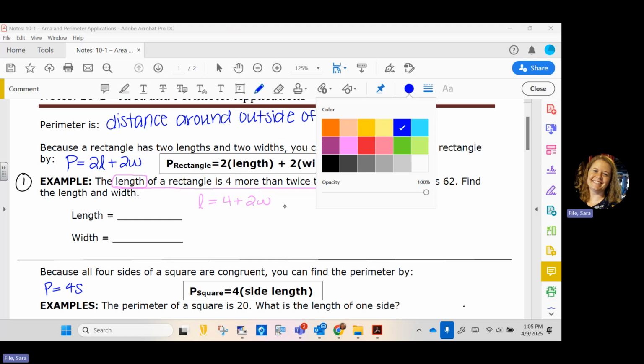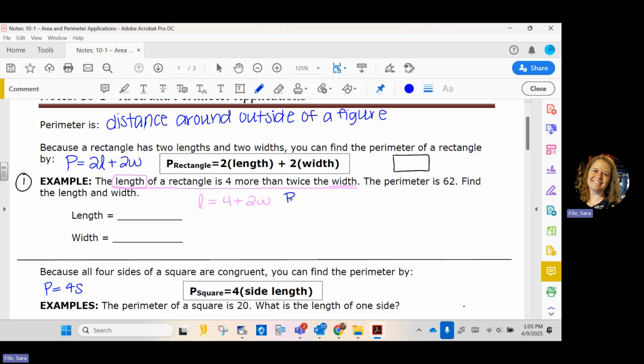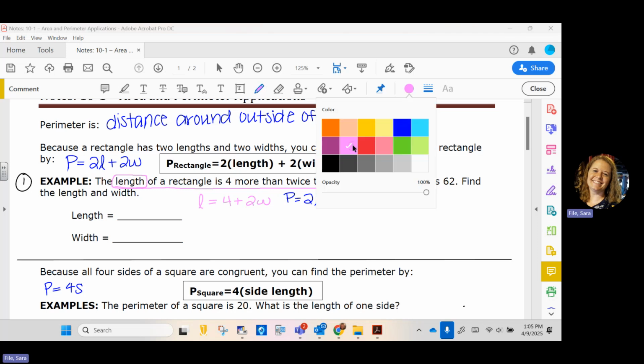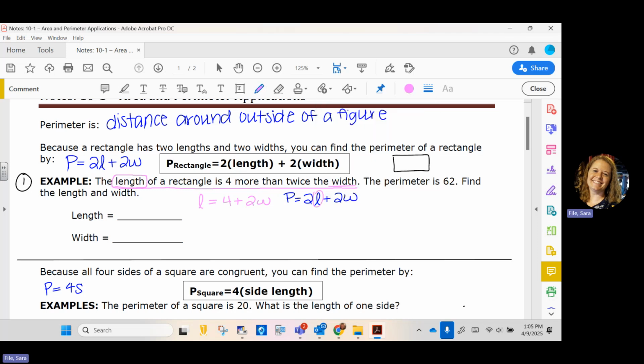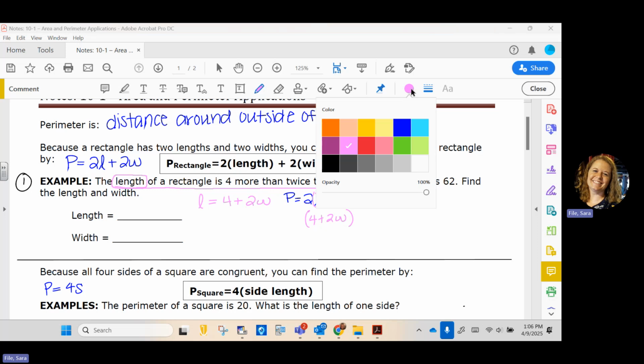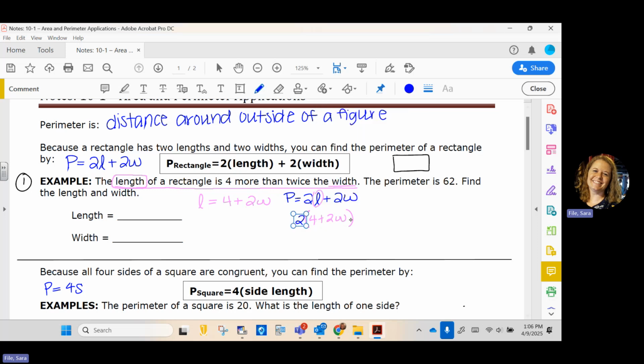So the formula says the perimeter is 2 times the length plus 2 times the width. And I'm going to come here to length and I'm going to plug in what we just said. So I'm going to replace that with 4 plus 2W. All the rest of it's going to stay the same. There's a 2 in front, there's a plus 2W at the end, and that's the perimeter.